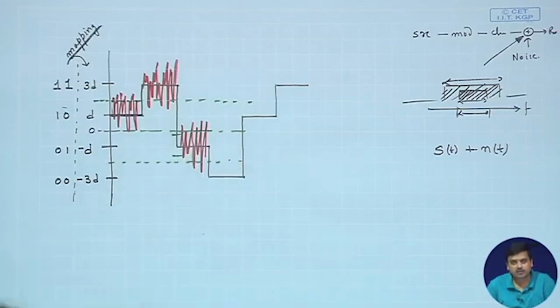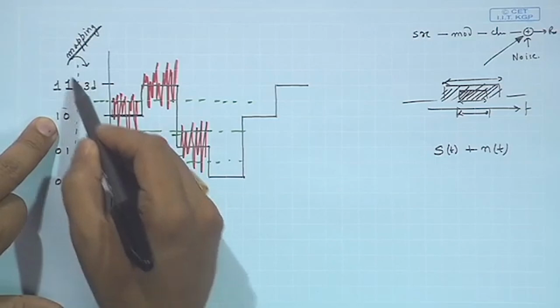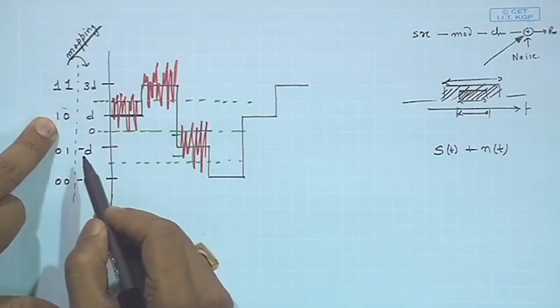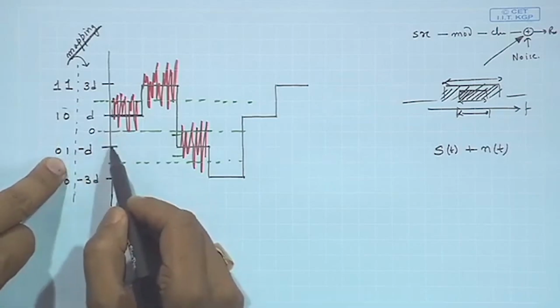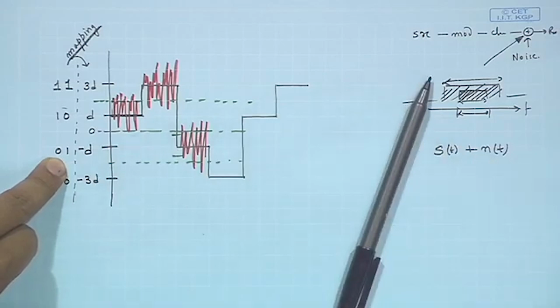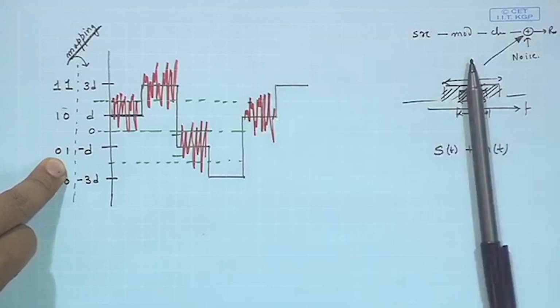So, this is one philosophy which is used in mapping these bits to the amplitude levels, so that we can get less number of bits going into errors. For example, if we take these particular examples. What we have over here is a D getting detected as 3D, you have 1 bit in error. A D getting detected as minus D, look at this, this particular is interesting. So, suppose I have noise, right, noise as this.